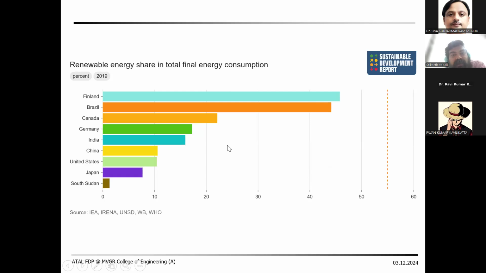not so bad actually. In various renewable energy technologies in its day-to-day life, we are actually in the fifth place, close to Germany. Okay, and if you see the United States, which is doing very badly in comparison to India in incorporating renewable energy technologies in their day-to-day life.